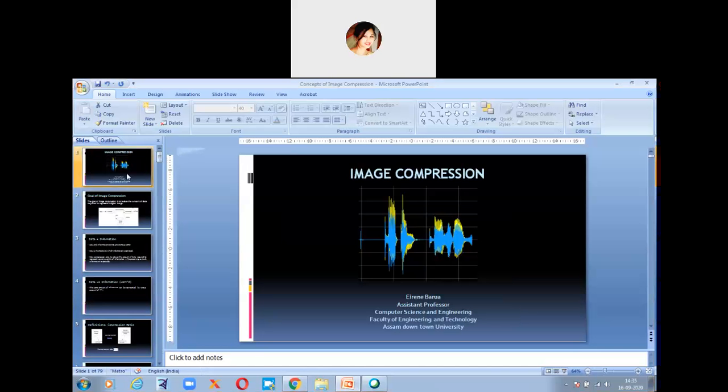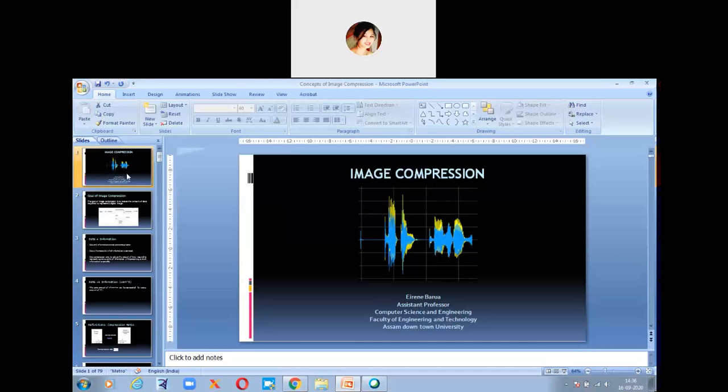In the last class, we discussed image enhancement in spatial filtering. We studied the gray level histogram, then histogram equalization and so on.